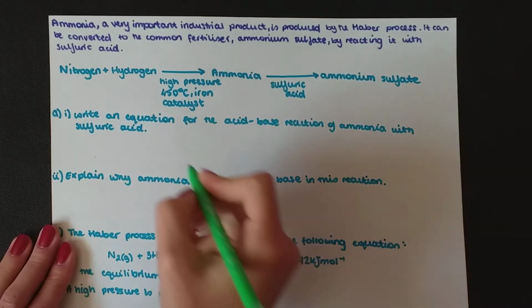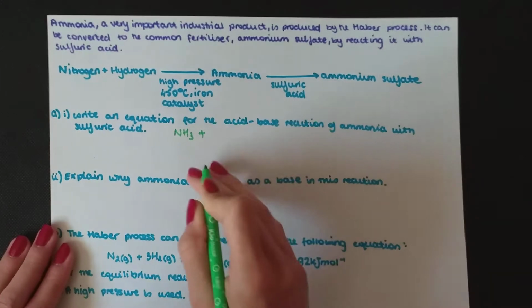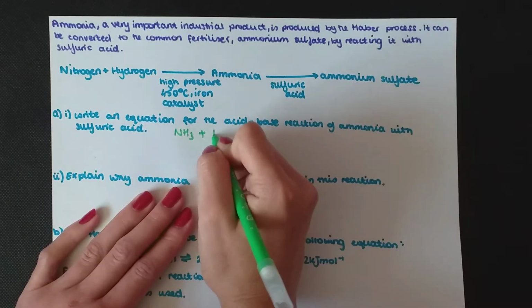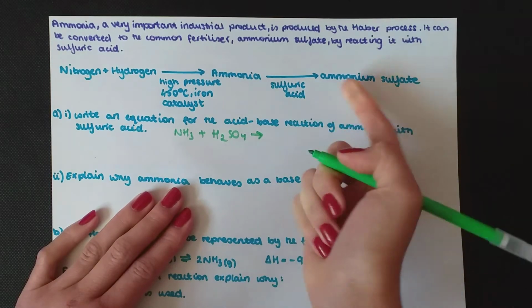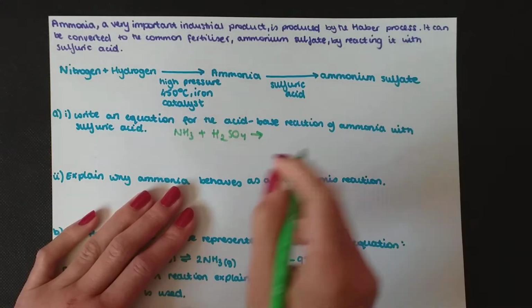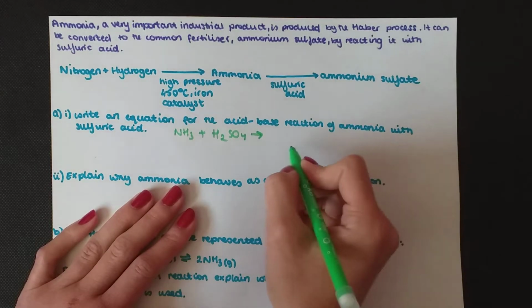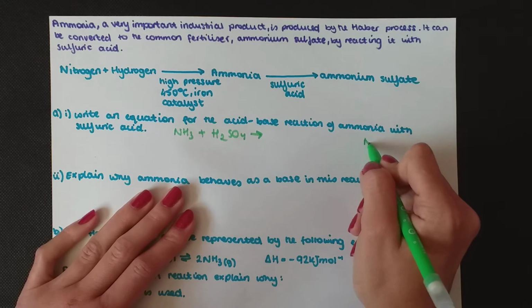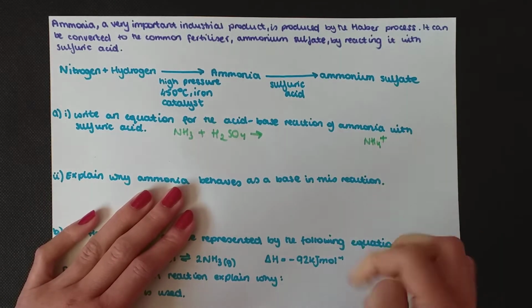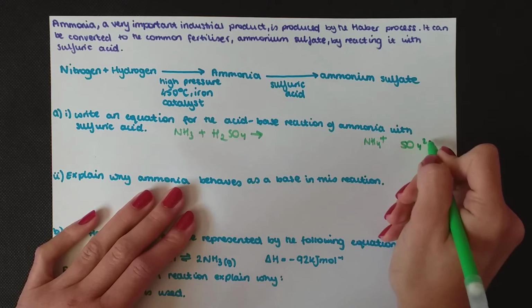So what you want to start with is the ammonia. You react it with sulfuric acid, which is H2SO4, and what you get is ammonium sulfate. So if you're not sure how to write ammonium sulfate, we know the ammonium ion looks like this and the sulfate ion looks like this.